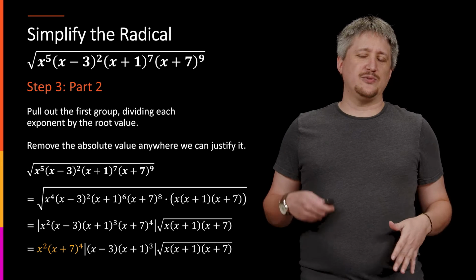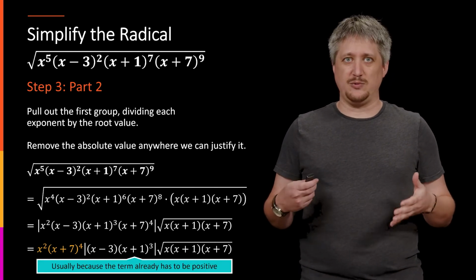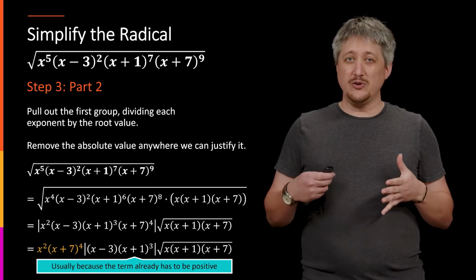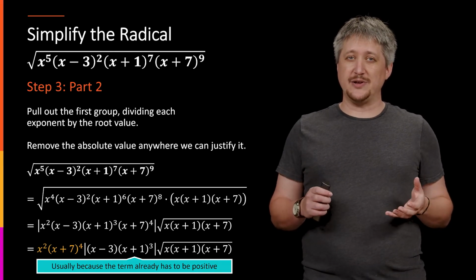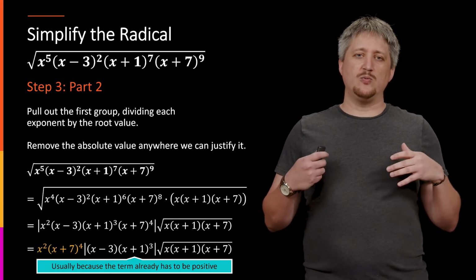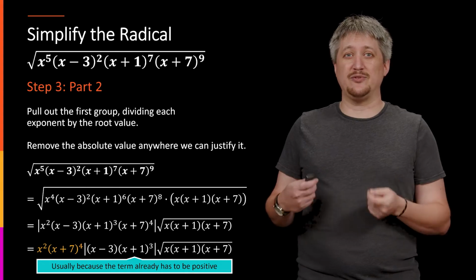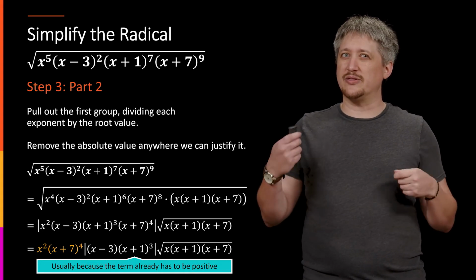So this here is going to be my fully factored result. And this justification process is almost always because of exactly what we just said: when you're removing the absolute value, it's usually because it has an even power, so the thing inside has to be not negative already, and the absolute value is not doing anything. That's what we want to think about.